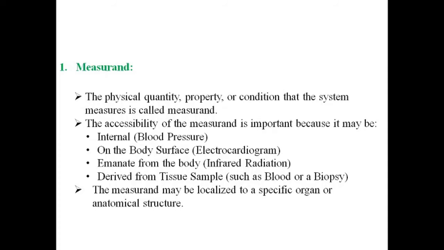From the body surface, the electrocardiogram can be obtained. The next one is emanated from the body, that is infrared radiation. Then there could be one derived from a tissue sample, that is blood or a biopsy. And the measure end may be localized to a specific organ or anatomical structure. So this is all about the measure end.